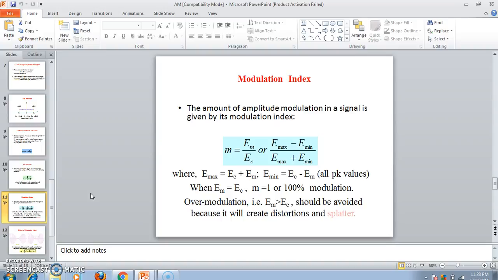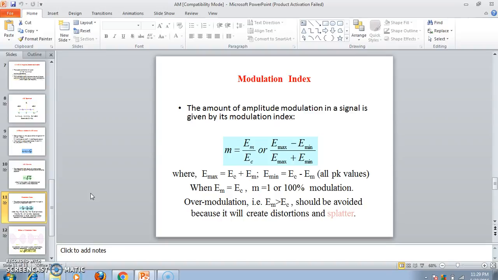Modulation index is one of the most important concepts in modulation, which shows the degree up to which the signal can be modulated without any distortion. Here EM by EC represents the maximum modulation it can produce. If the amplitudes of EM and EC are the same, then the modulation index m equals 1, which shows 100% modulation.